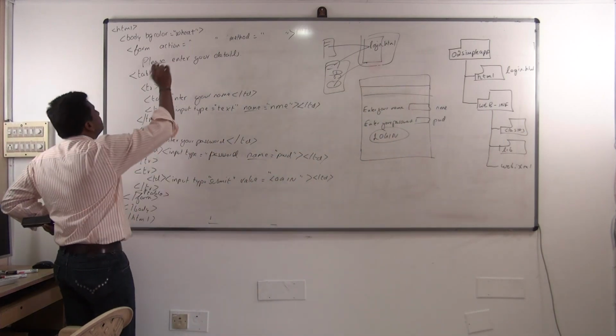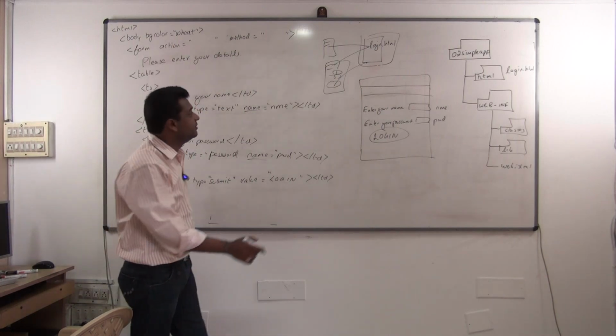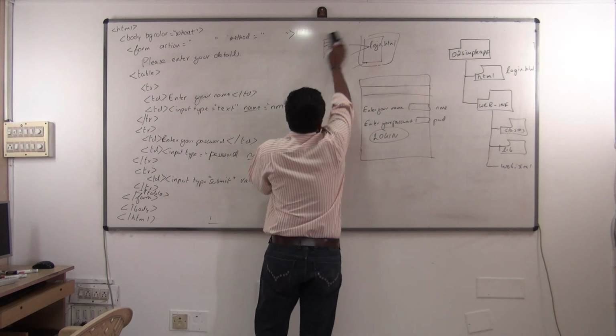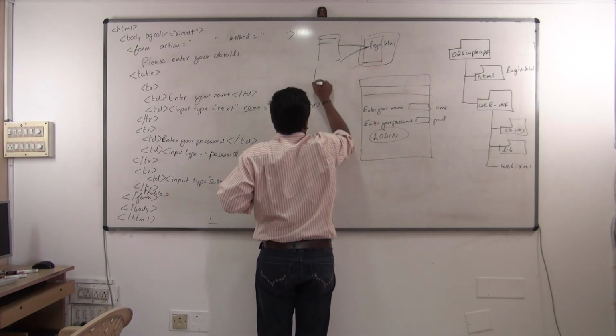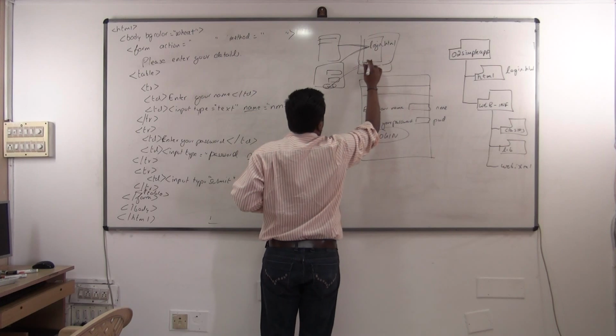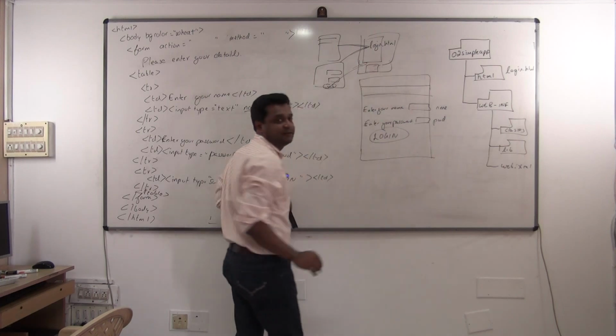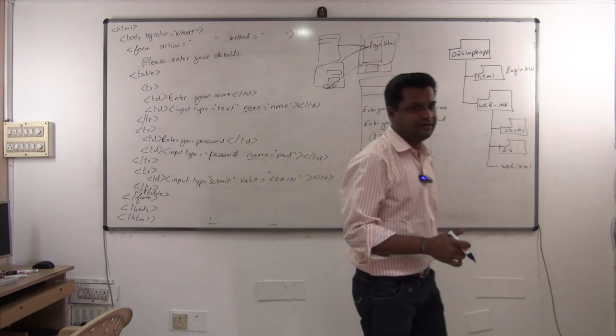That is one part. Next, what is this form tag now? That's the question. This is the first page, as I told you. You'll get this page, enter name, enter password, and submit. Once you submit, it has to go and execute the servlet. Which one? Login servlet.